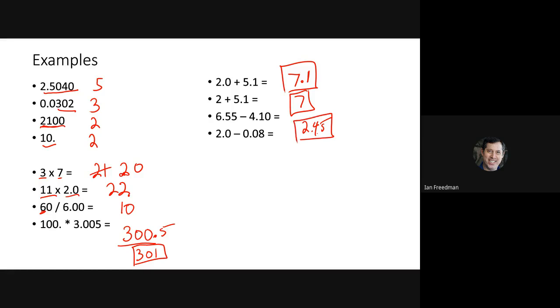And that is significant to the hundredth place. 2.0 minus 0.08 is going to be 1.92, but it's only significant to the tenth place, so that's going to really just be 1.9. So there's some practice there.